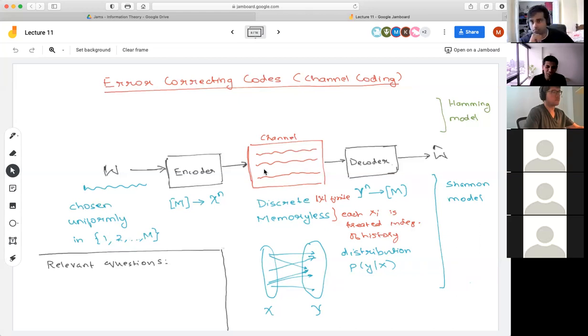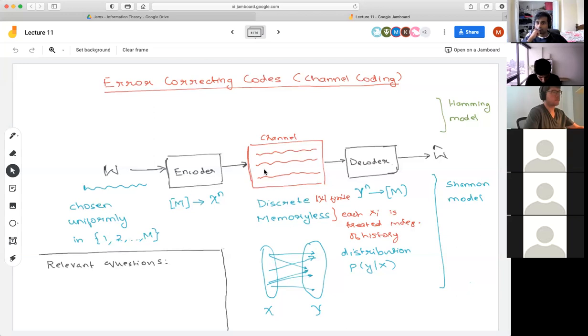The channel doesn't necessarily have to be discrete or memoryless. There are many other possibilities, but this is the most representative case for the channel model, and since we'll spend a few lectures on it, this might be the case where we try to prove things formally.